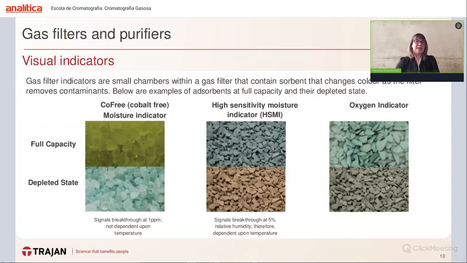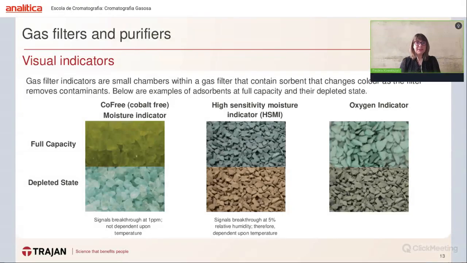So here we do have photos of our indicators, so the materials which will indicate the depletion of the gas filter. Going from the left, we've got the moisture indicator, and at the top, the green color is where our filter is good to use, it's new. At the bottom, how it looks when the filter needs changing, so when the filter is in depleted state.